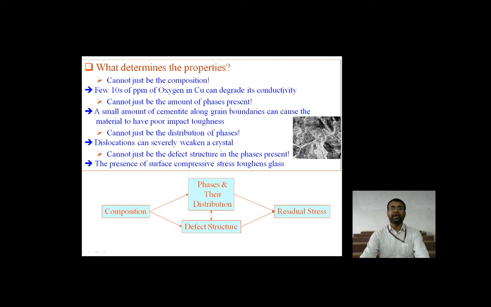If we are going to make any kind of material, it should have properties according to its working condition, and those properties are maintained by the composition, the phases present, the distribution of the phases, and the structure of the phases in that material. These and more are the things which define the various properties of a material.